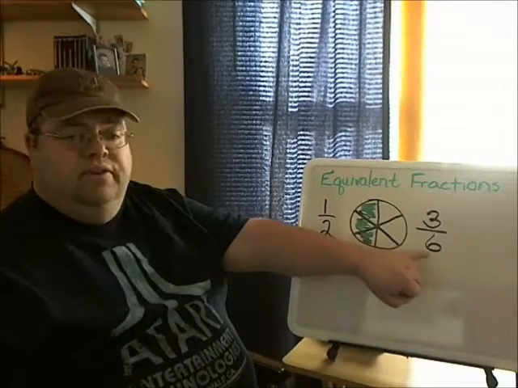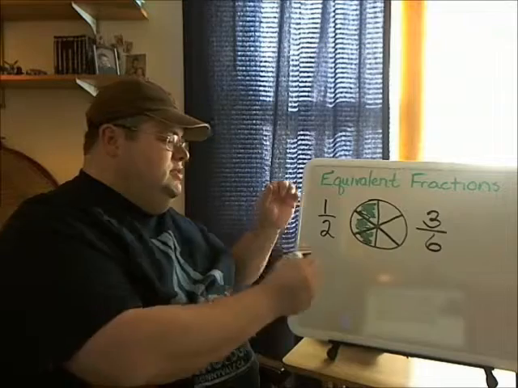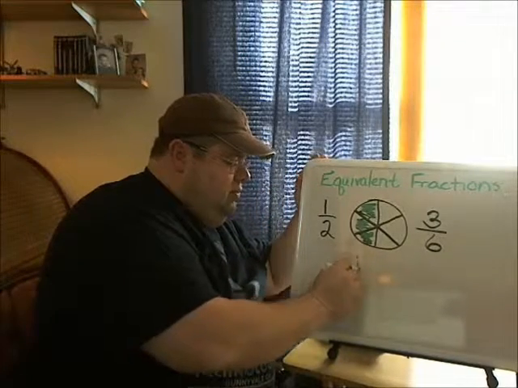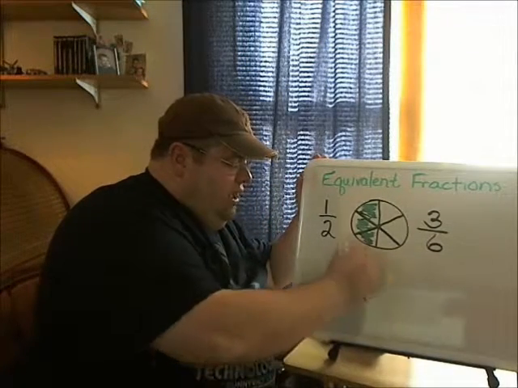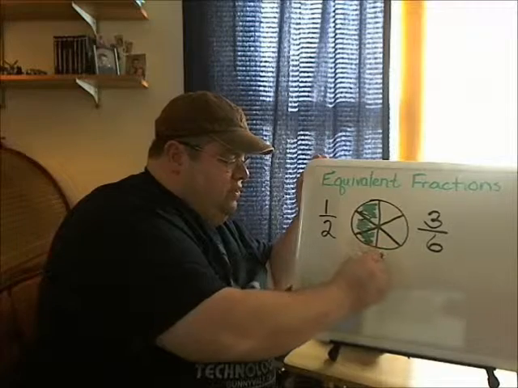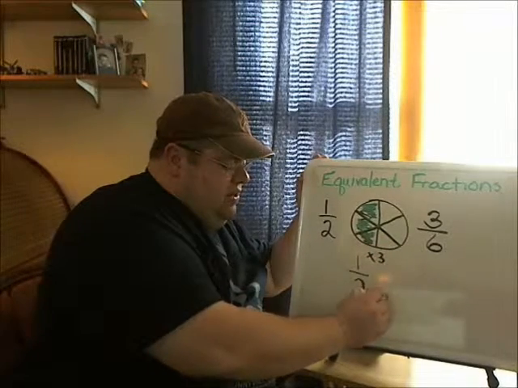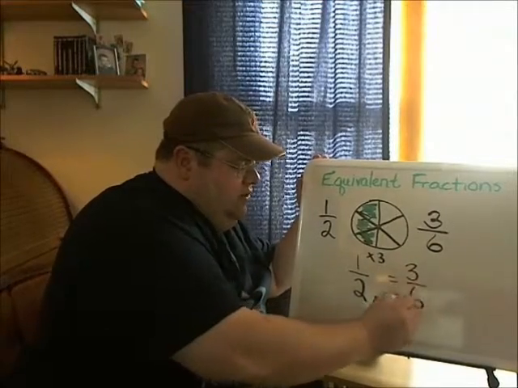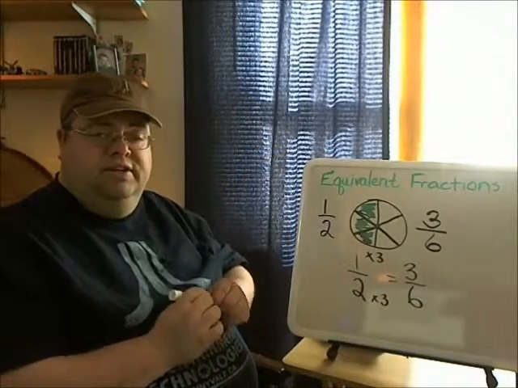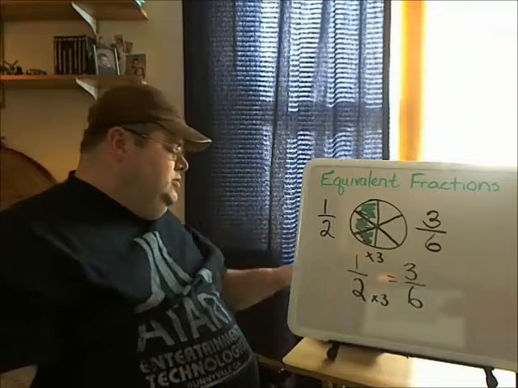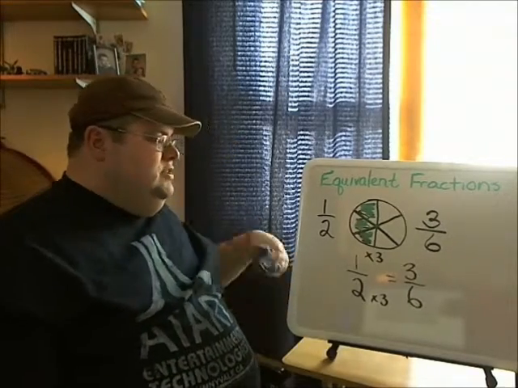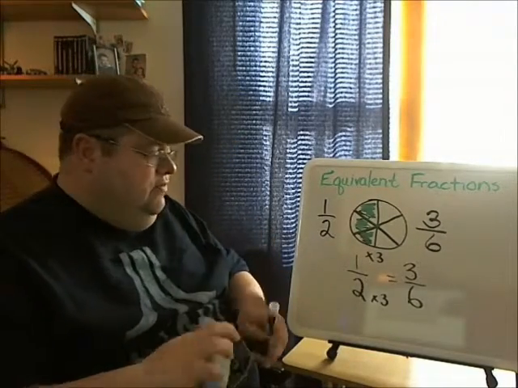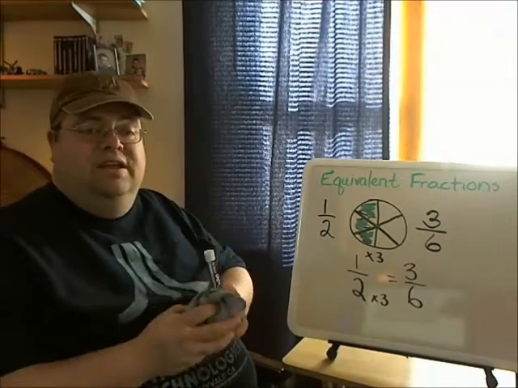To get this equivalent fraction, if we want to show it as a multiplication problem, for 1/2, I multiplied the numerator by 3 and I multiplied the denominator by 3, for a final equivalent fraction of 3/6.